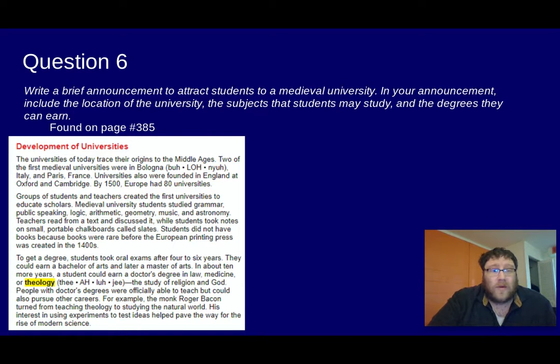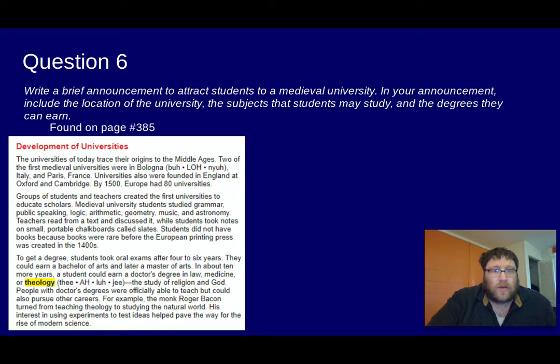Two of the first medieval universities were Bologna in Italy and Paris, France. Universities were founded in England at Oxford and Cambridge. By 1500, Europe had about 80 universities.